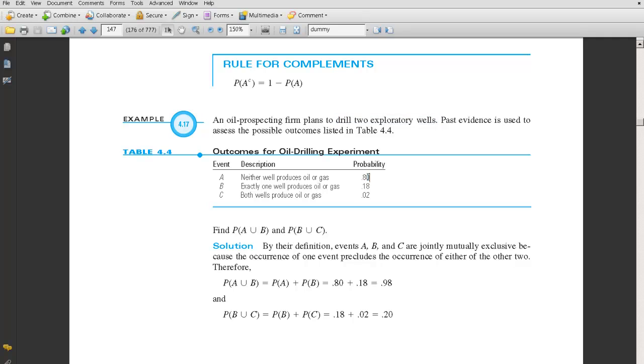So this is what their guess is, that the chance that neither well will give you what you're looking for is 80%, exactly 1 is 18%, and both of them is 2%. One thing that does have to be true, whatever they say here and here and here, is that of course these have to add up to 100%.